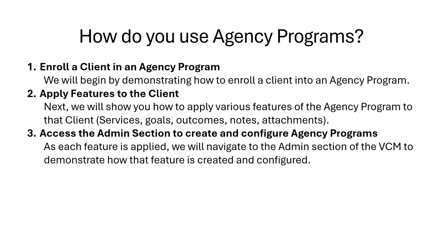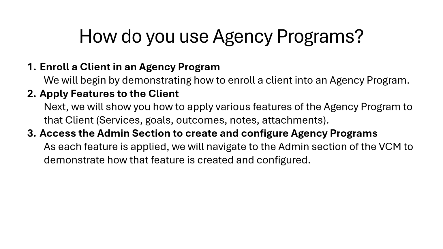During this presentation, we will move you through the process of enrolling a client in an agency program, applying features of an agency program to a client, and finally, how to create and configure an agency program. So we'll show you how to enroll a client by demonstrating how to enroll a client in an agency program, and then we will apply the different features such as the services, goals, outcomes, notes, and even attachments.